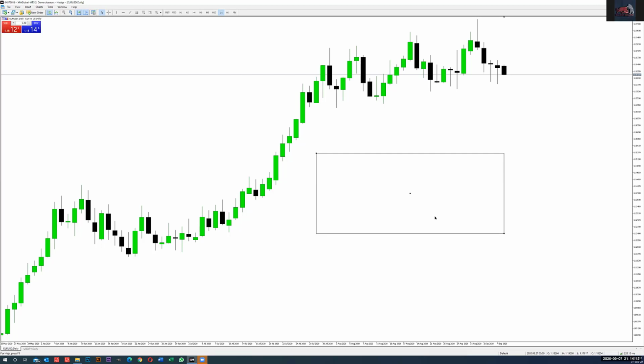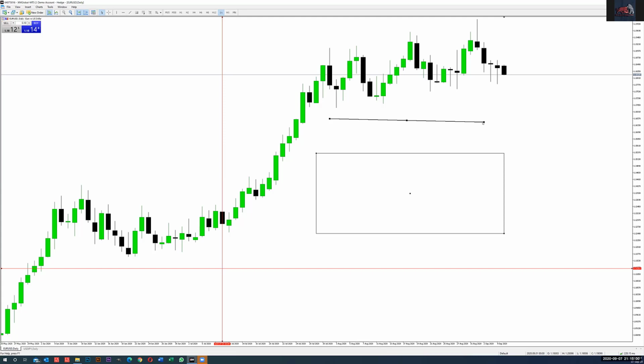So what you do is, if you notice, whenever you draw a trend line, or a horizontal line, or a vertical line, whenever you draw something on the chart, it has these black dots.